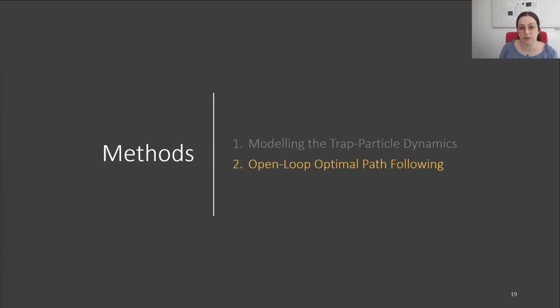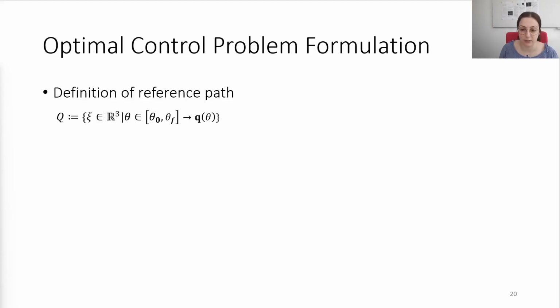Now that we have a sufficiently good model of the forces, we move on to the computation of optimal timing. We define the reference path as an explicitly parametrized curve. The parameter theta models the progress along the path from the starting point θ0 to the endpoint θ final.